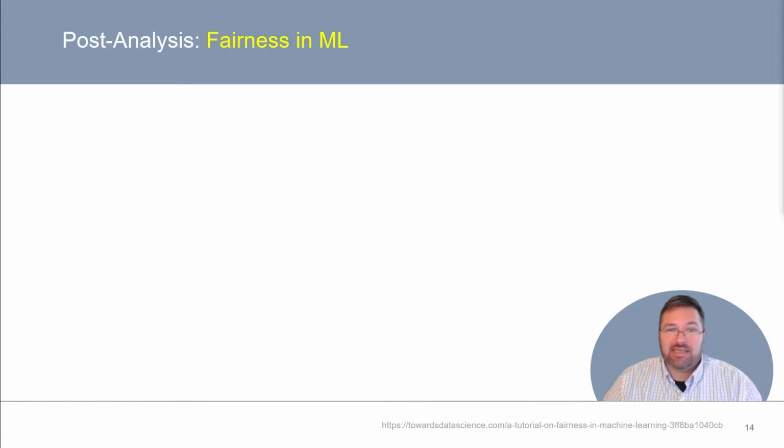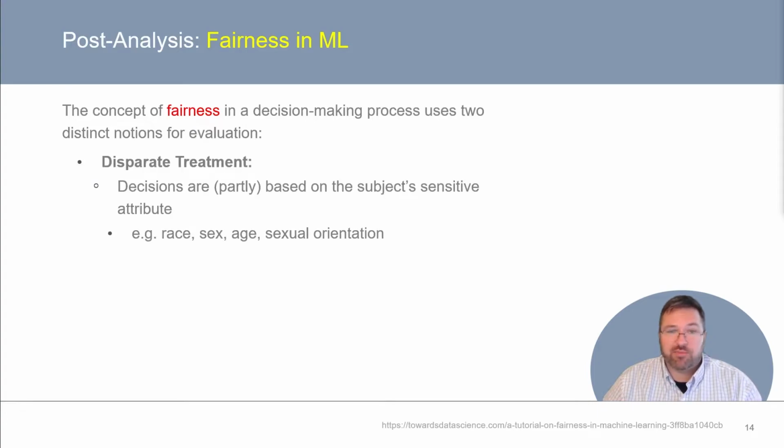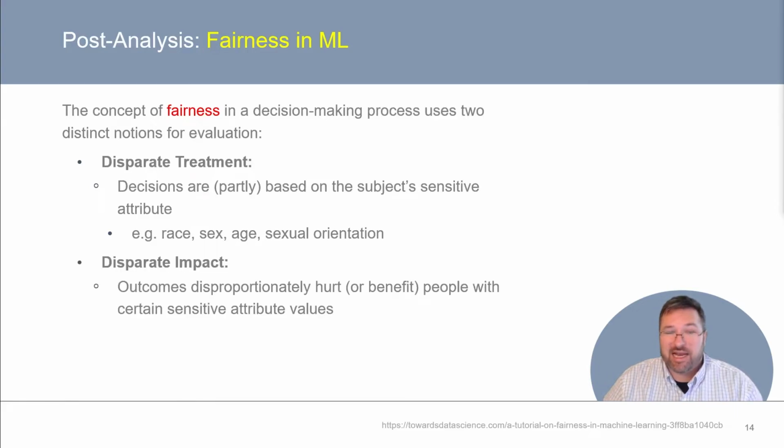This leads us to the topic of fairness in machine learning. The concept of fairness in a decision-making process uses two distinct notions for evaluation. The first is disparate treatment. Are decisions even partly based on any sensitive attributes of an individual? For example, race, sex, age, or sexual orientation. The second part of evaluating fairness is disparate impact.